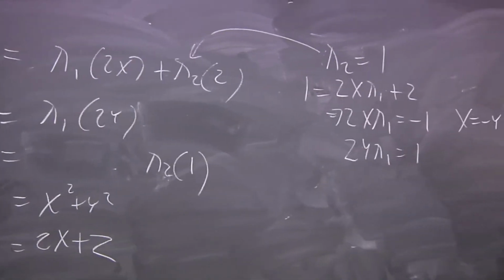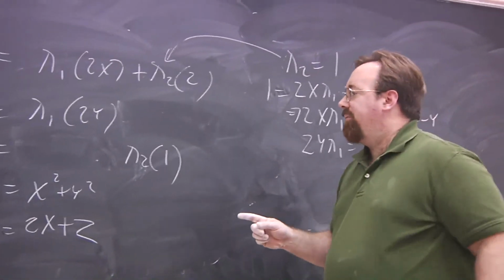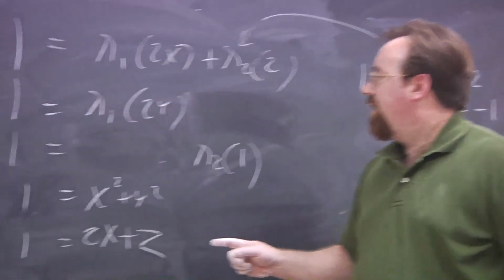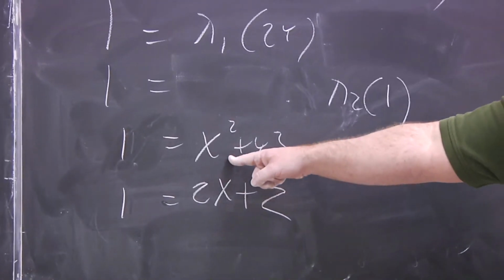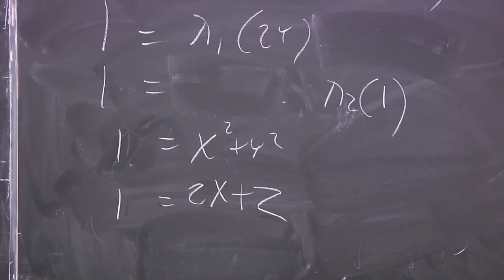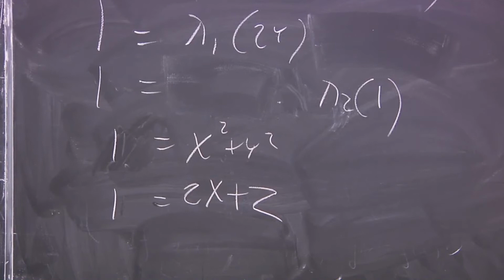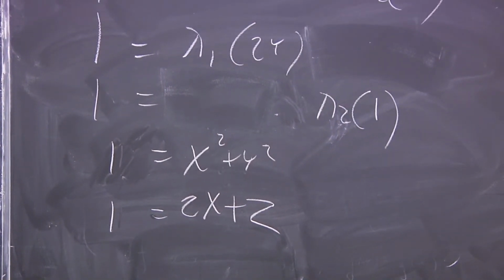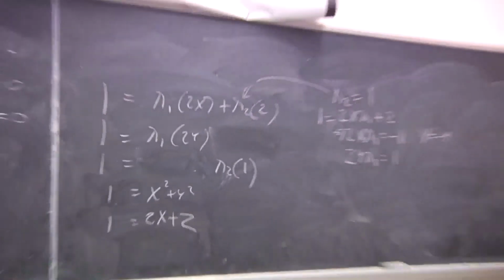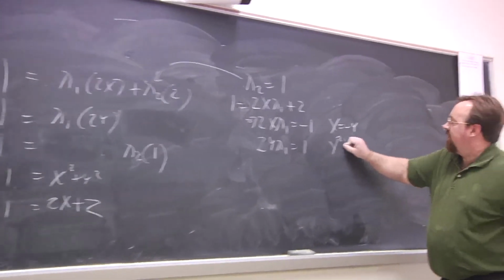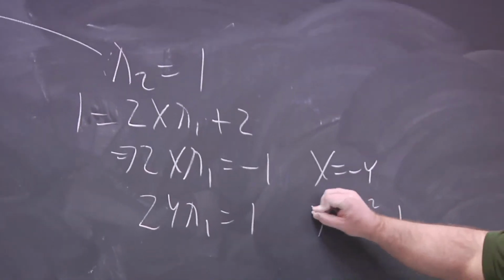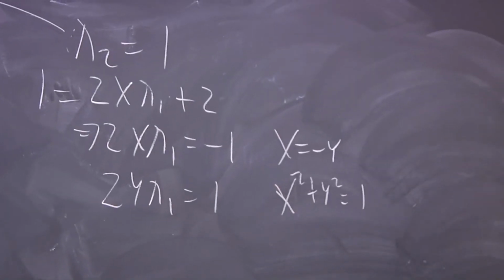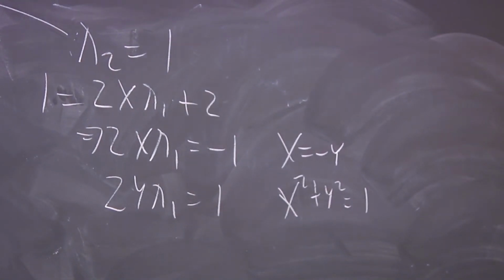But now we have x squared plus y squared being equal to 1. So if that's the case, and x is equal to minus y, what are the possibilities? Now we get down to specific numbers here.